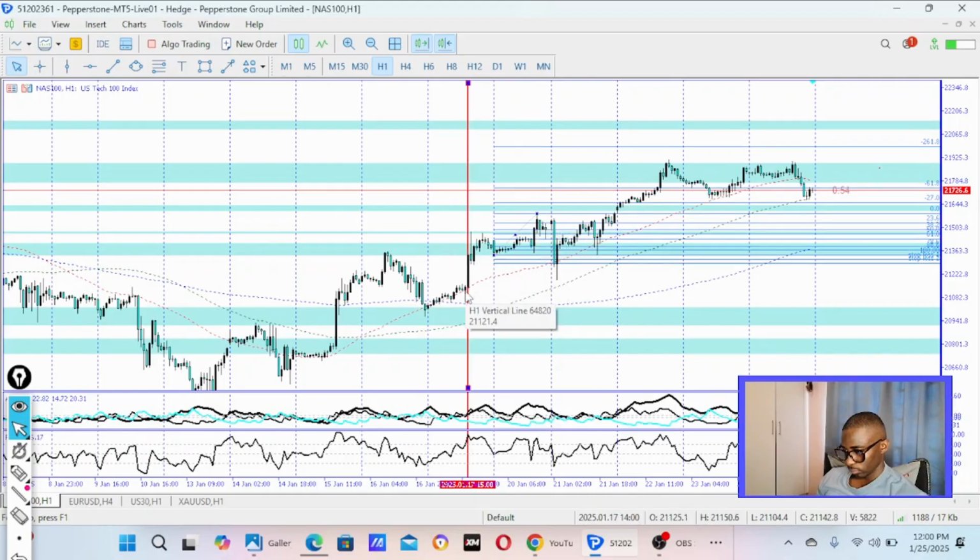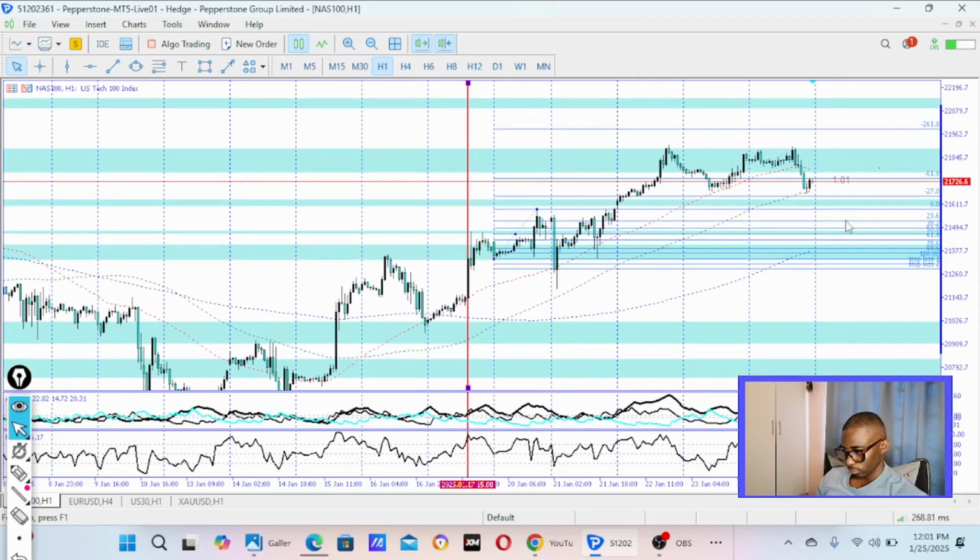I wasn't looking for sales on this pair, so this is where you could have gone for entry. From this higher low to a higher high, price dropped and kind of broke this, and then price pushed up again and came back and rejected the area of 61.8 and 78.6.